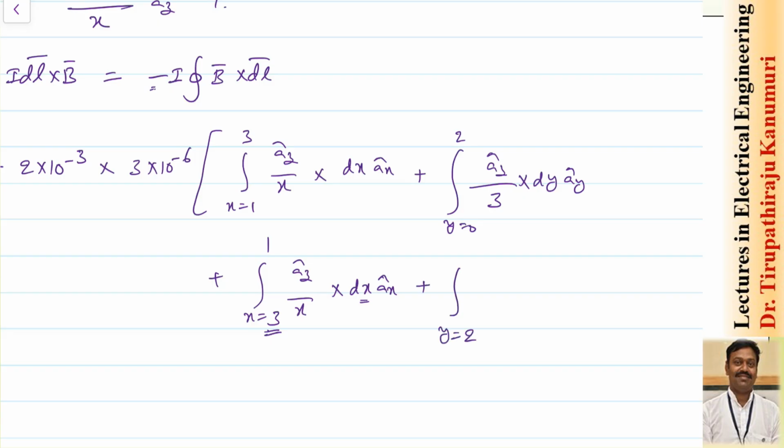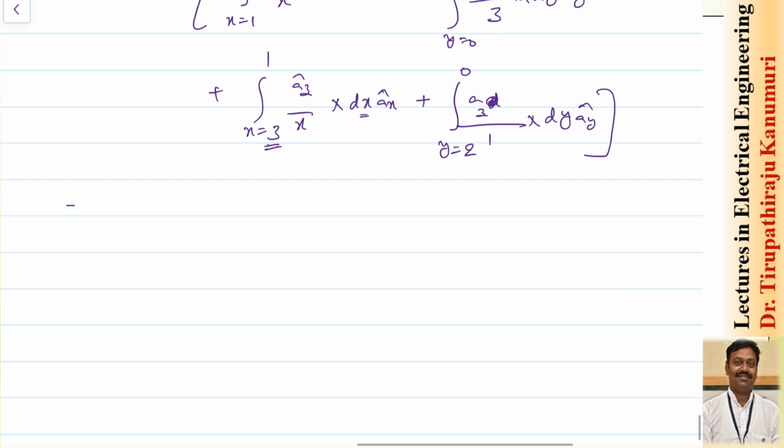So this will be y is equal to 2 to 0. This will be equal to Az divided by the value of x is equal to 1 here, cross product with dy in the direction of y. Now I am just substituting the values.